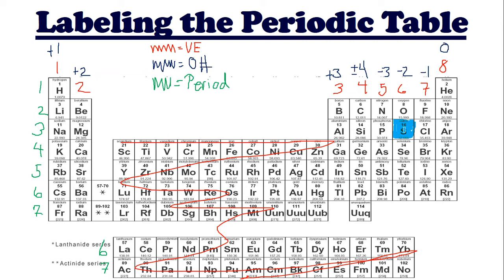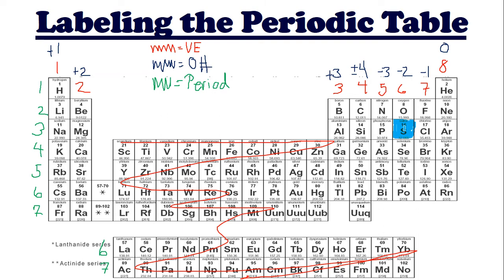Well, to find periods, we label them, so we're going to follow over until we get there, and we notice that sulfur is in the third period. Looking back at sulfur, how many valence electrons does sulfur have? Remember, our valence electron color is red, so we follow it up, and we see that the red number is 6. So sulfur has 6 valence electrons.